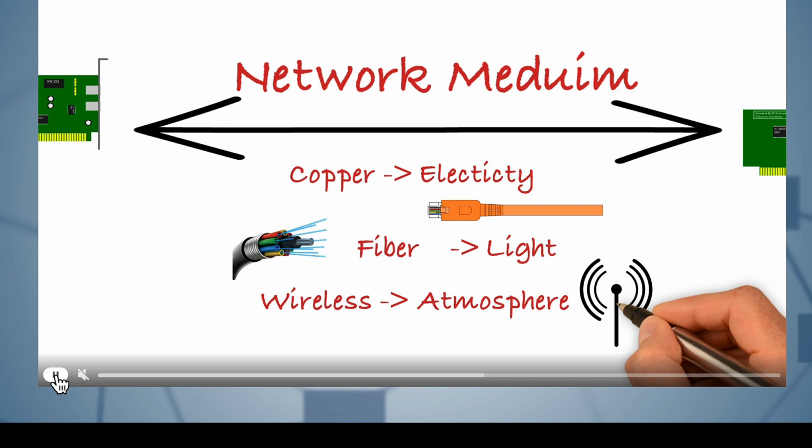So in some future chapters, we're going to be looking at the specifics of these different mediums, what kind of connectors, what kind of wire technologies there are, and the different configurations and hardware that uses.